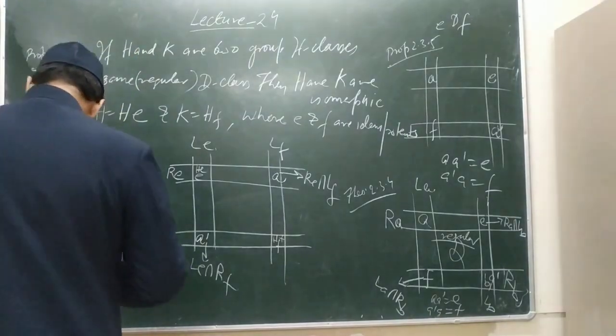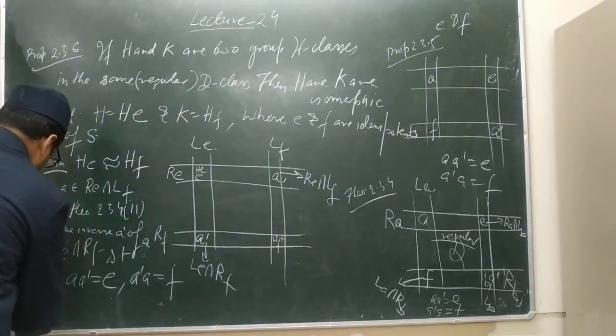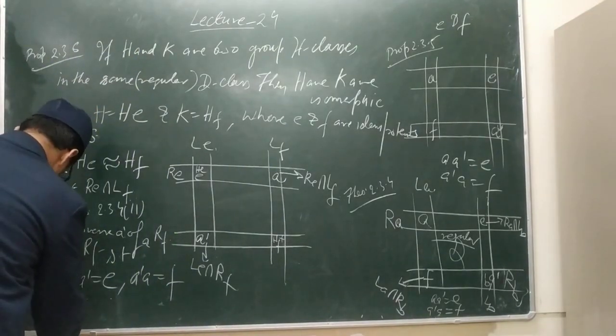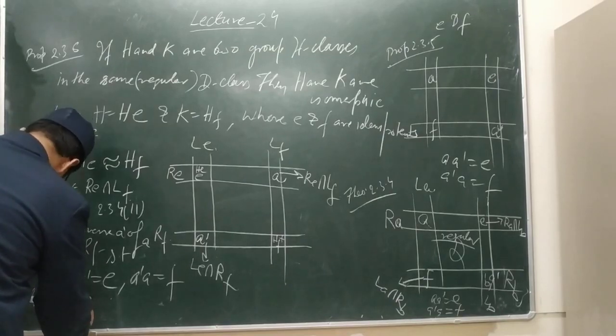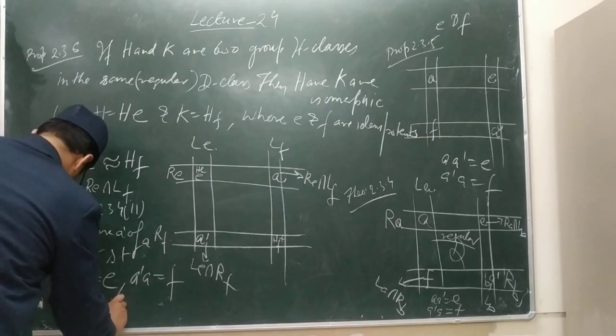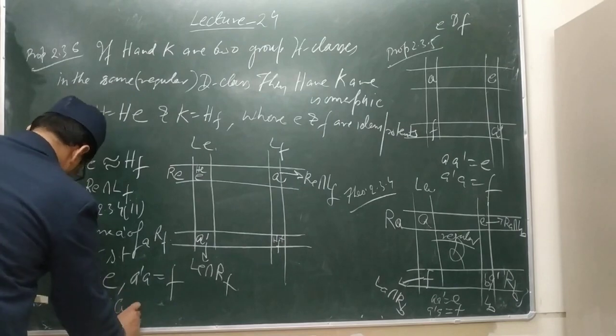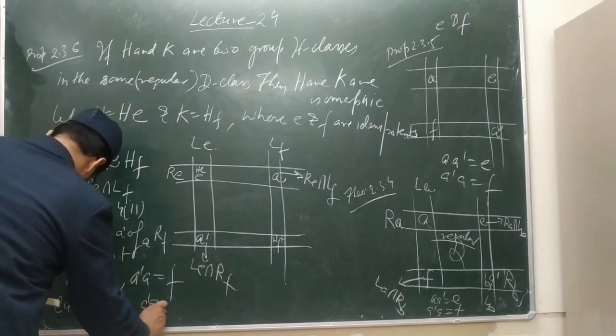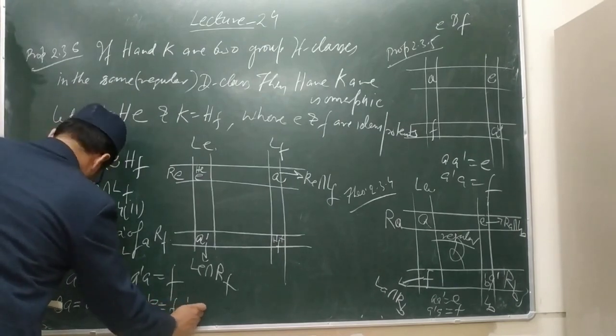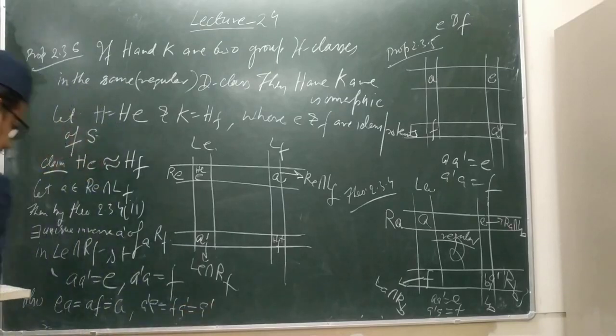And also EA is equal to AF is equal to A, and A dash E is equal to FA dash is equal to A dash. Also this thing we have.